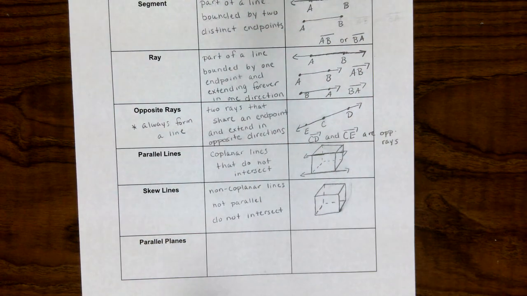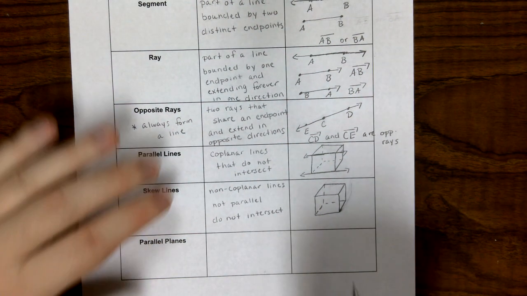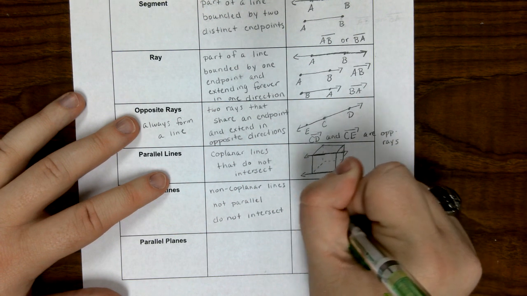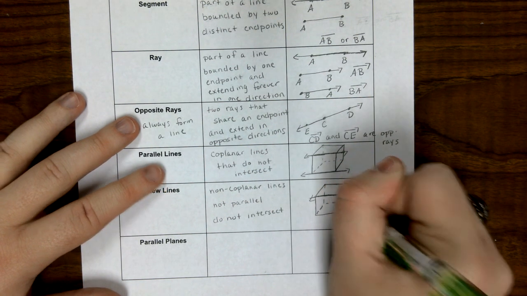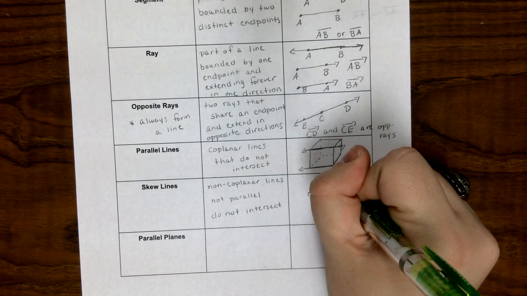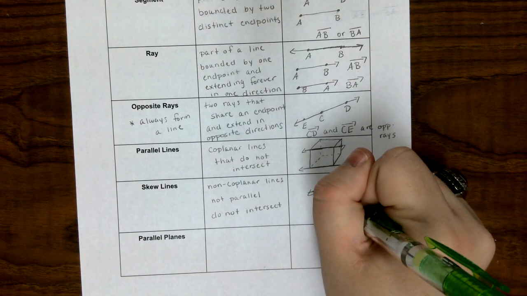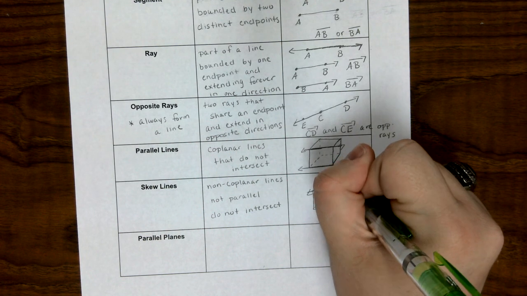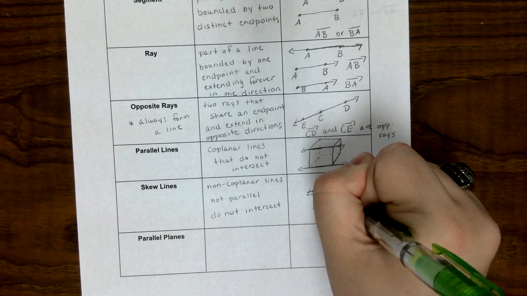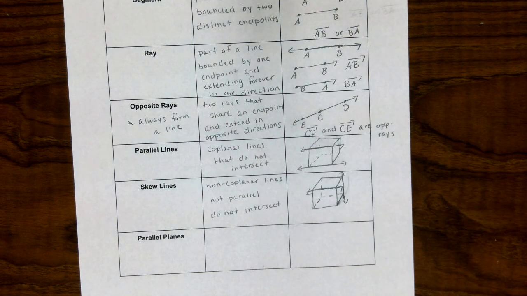Okay, so let's start with this top line right here. Now, to get a skew line, it cannot be in the same plane. So it can't come from this top or this front here. So I would say this line on the far corner over here, that's an example of two skew lines because they're not in the same plane.